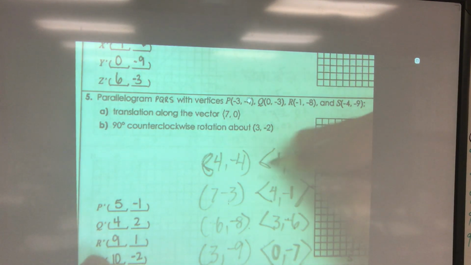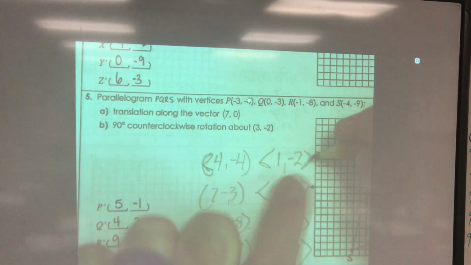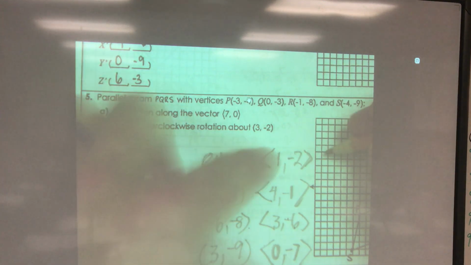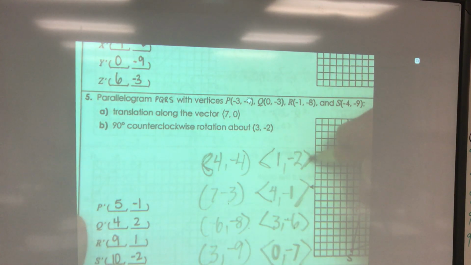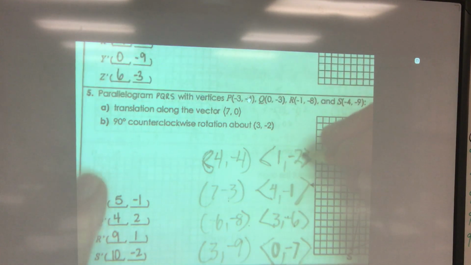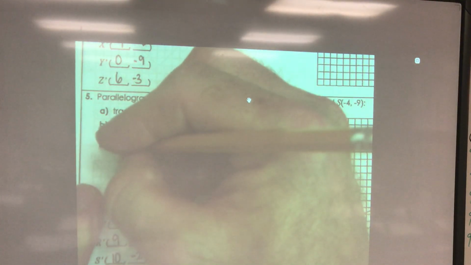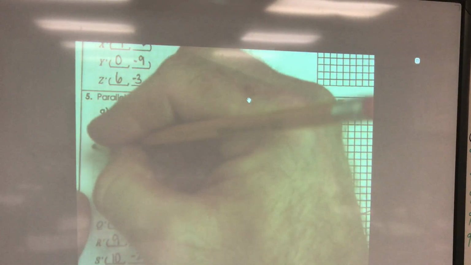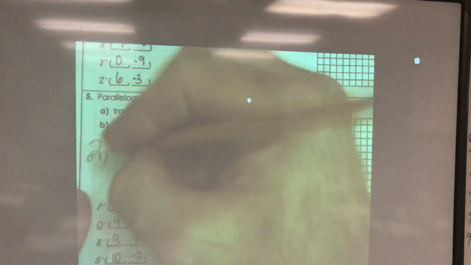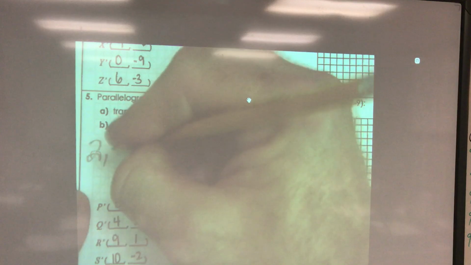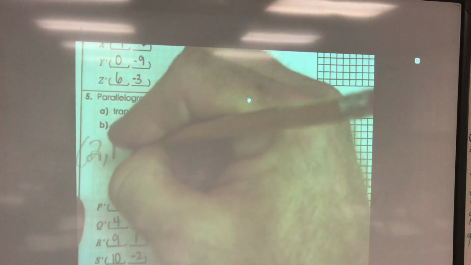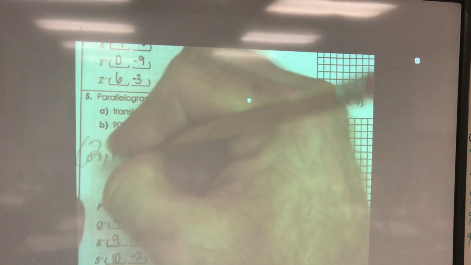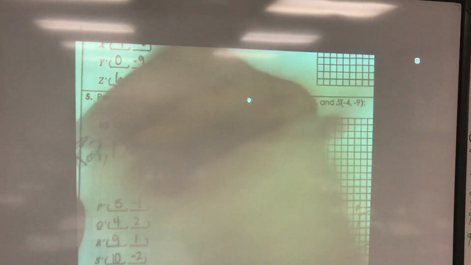So I'm going to switch the values here, so this is now positive 2 and 1. That's when I have applied that vector.